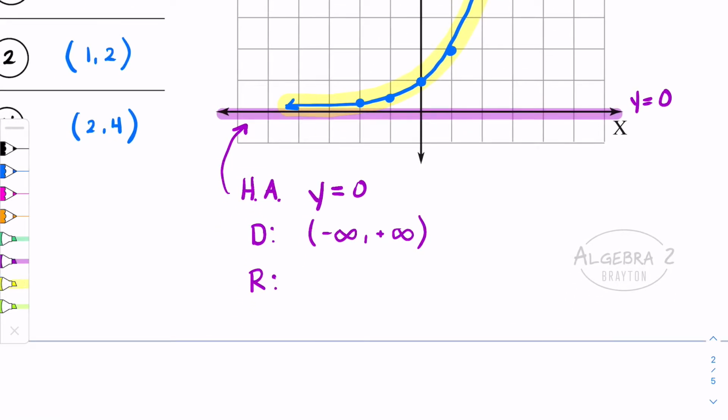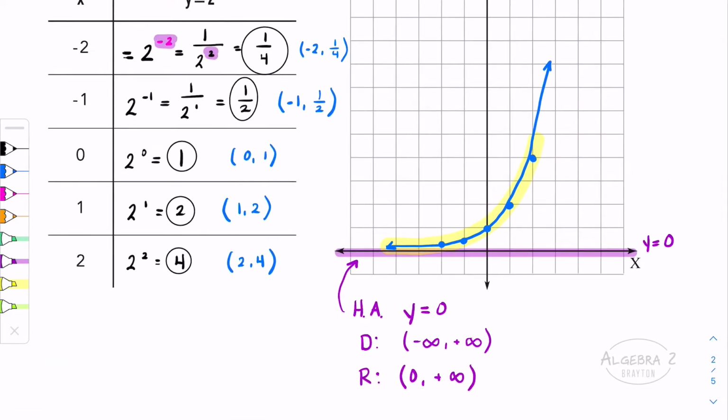So it's at, I'm sorry, it's at 0. My bad. It's at 0. It never touches or crosses that line, and it heads up forever. It heads up at a rapid speed, as you can see from our graph. It starts to get steeper and steeper. So this is your graph for y equals 2 to the power of x, and there's your important info with that.